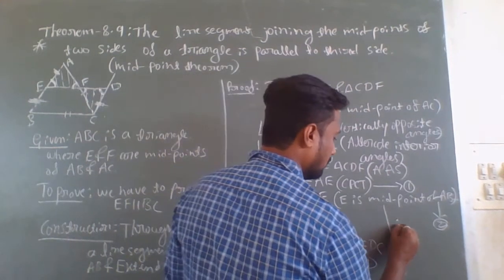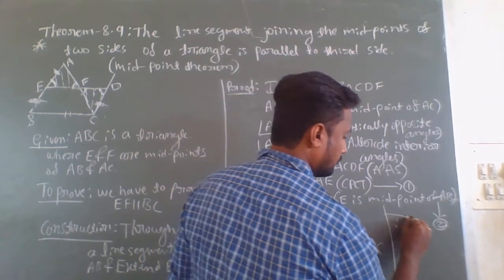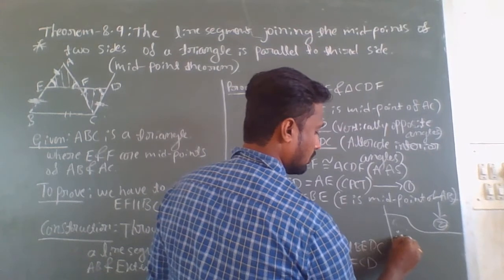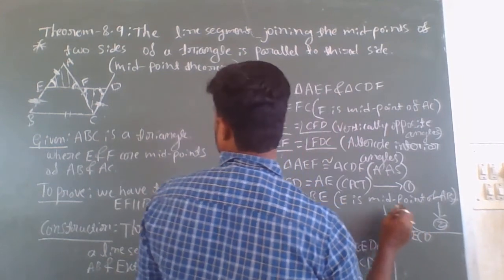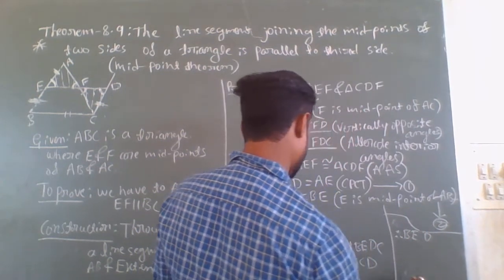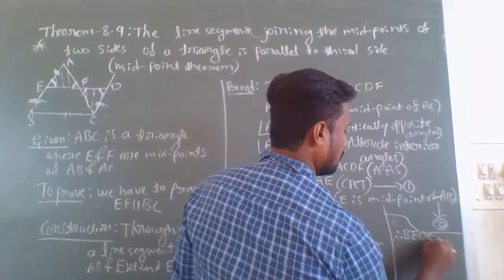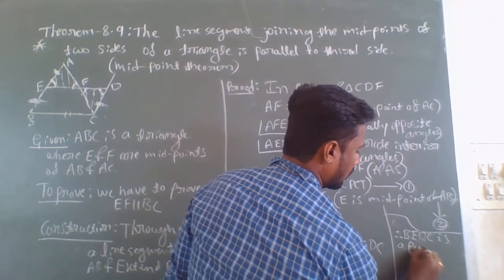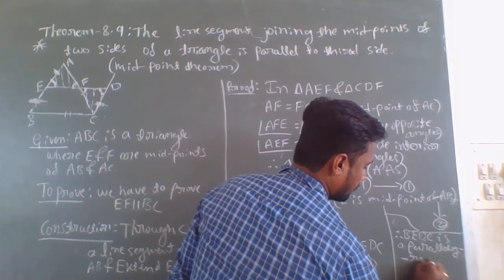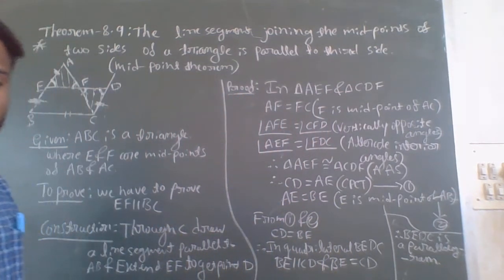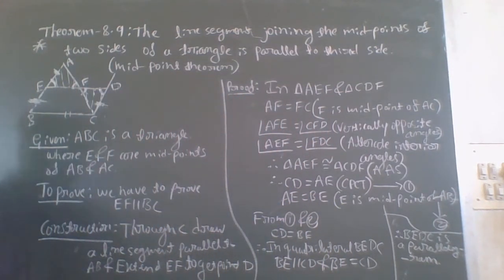So here I will write, therefore BECD or BEDC is a parallelogram. Why is it a parallelogram? If in a quadrilateral one pair of opposite sides are equal and parallel, then that quadrilateral is a parallelogram.